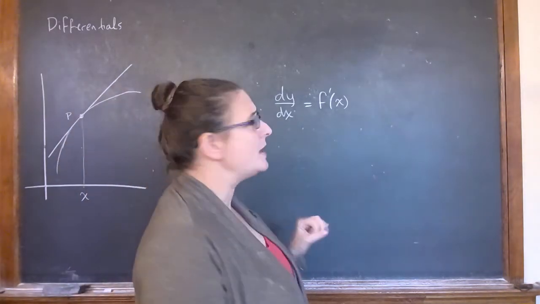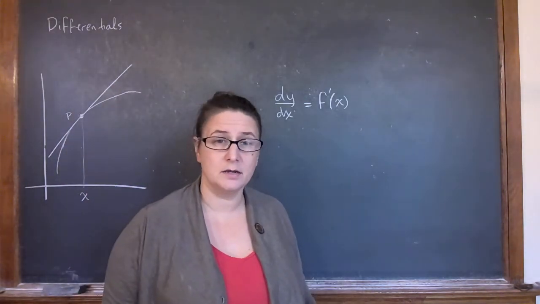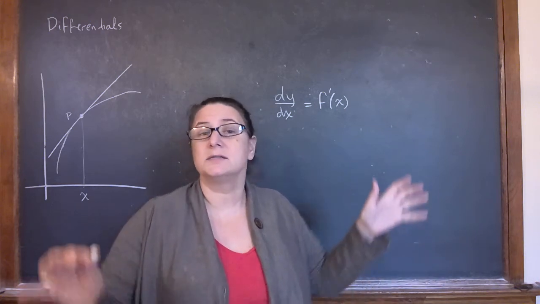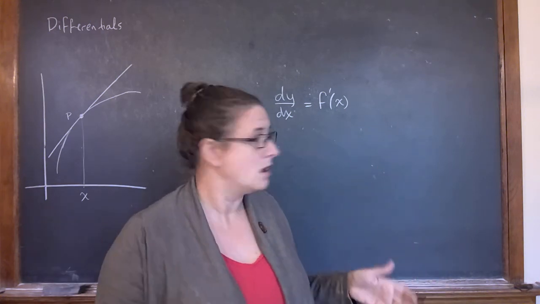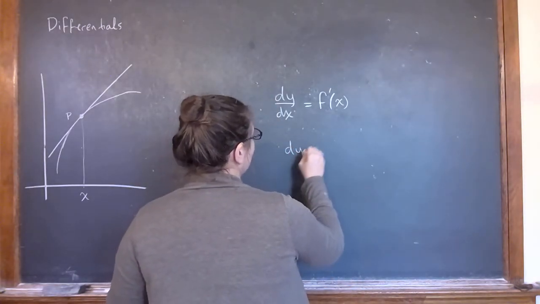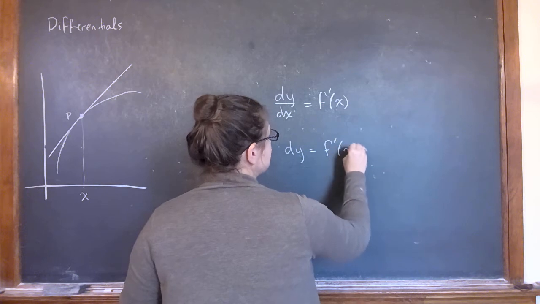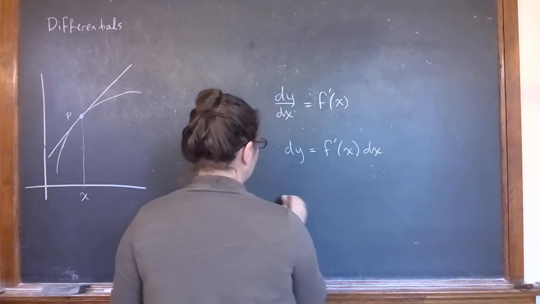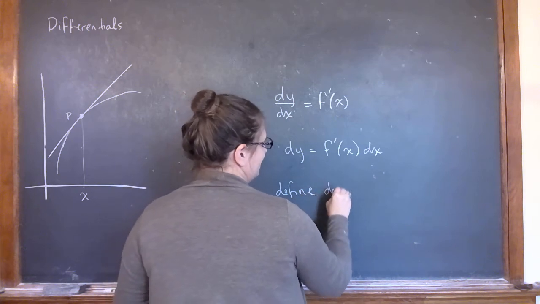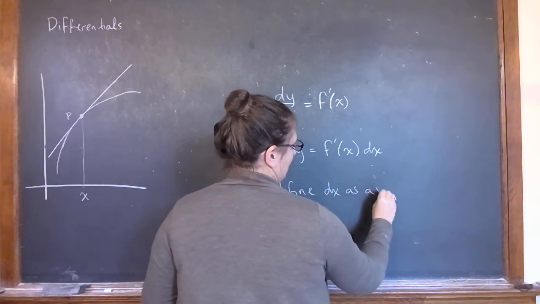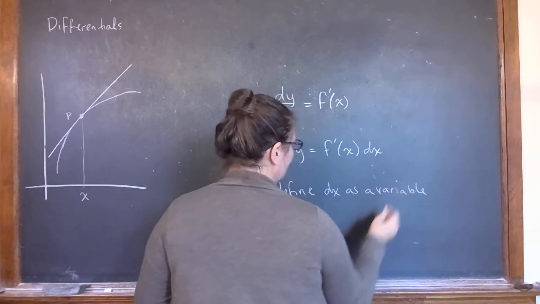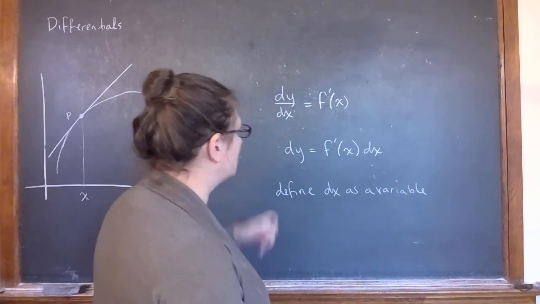In other words, what if we define dy and dx as variables in their own right? So the idea is that I can rewrite this way. Define dx as a variable. Then dy is also a variable.